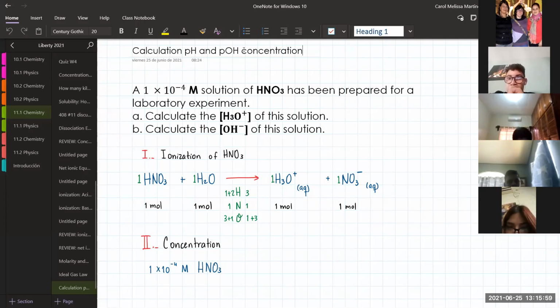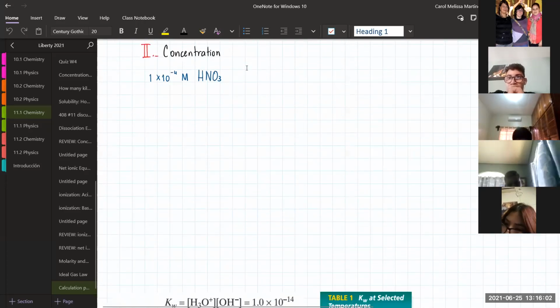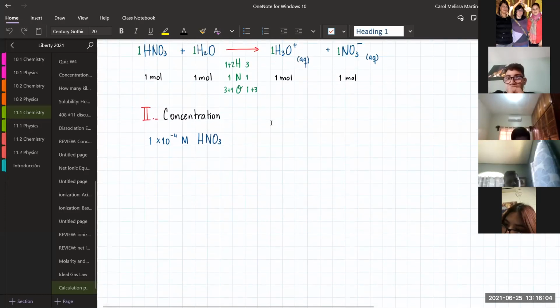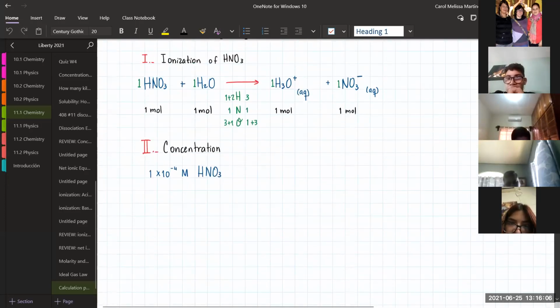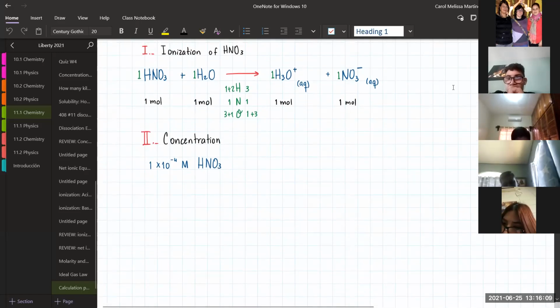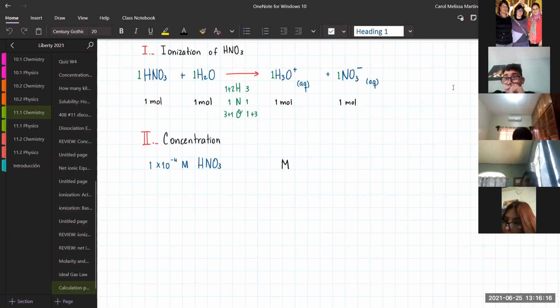Now, let's see what the molarity is. As you already know so far, molarity has a formula that is established as molarity equal to the number of moles of solute divided by the liters of the solution. That is the equation that we use for molarity, okay? And after we apply it, we have the concentration in letter M.